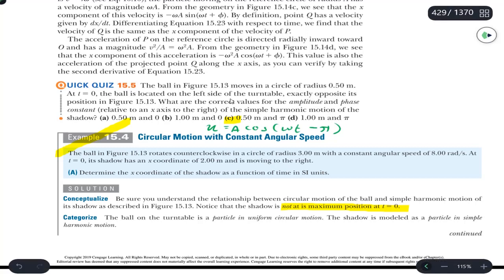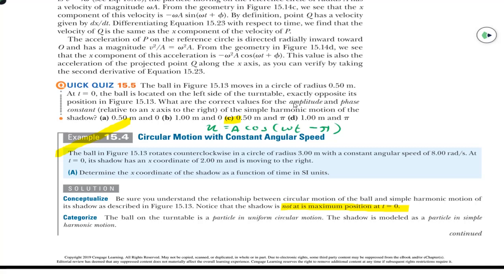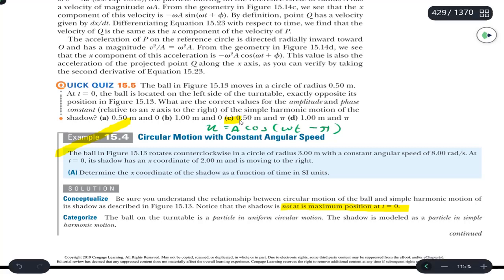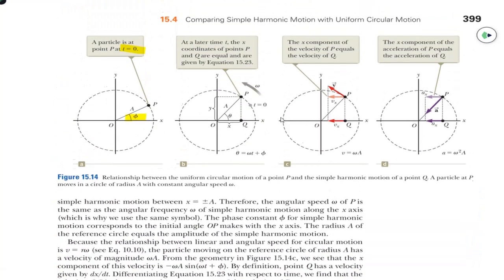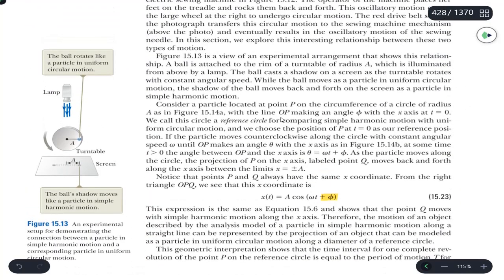So the question is asking what will be the value for amplitude and the phase constant. Right, I'm going to give the answer straight away. Number one, the amplitude is exactly equivalent to the radius and the phase constant is pi. So our issue is why is that? That is the answer. So let us go back to the figure of 15.13.